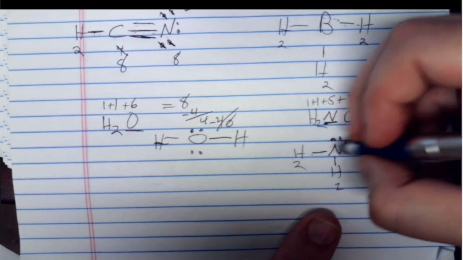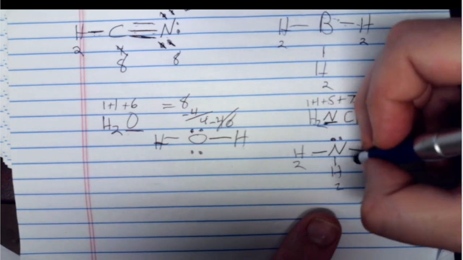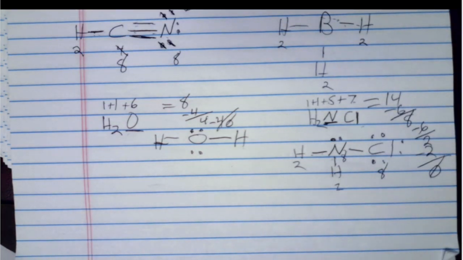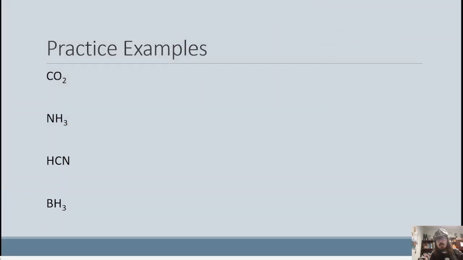And now he has 1, 2, 3, 4, 5, 6, 7, 8. We are happy. We have to put any remaining last electrons on the center atom. And if it has an octet, you could probably stop right there. But okay, let's go back to the PowerPoint in the meantime.